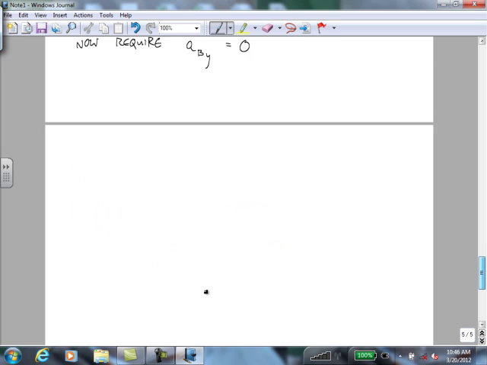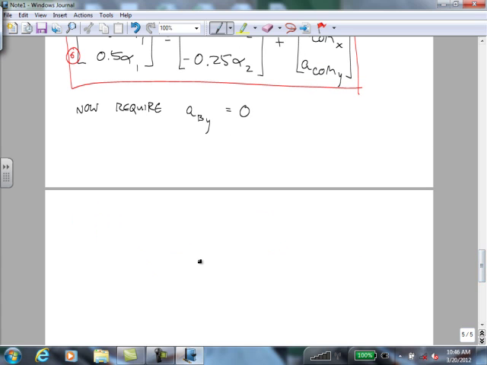Well, we're going to use the same 2 equations. We have the acceleration of B relative to the origin is equal to the acceleration of B relative to the center of mass of body 2 plus the acceleration of the center of mass relative to the origin. And the acceleration of B relative to the center of mass is alpha 2 crossed with R2 plus 0.